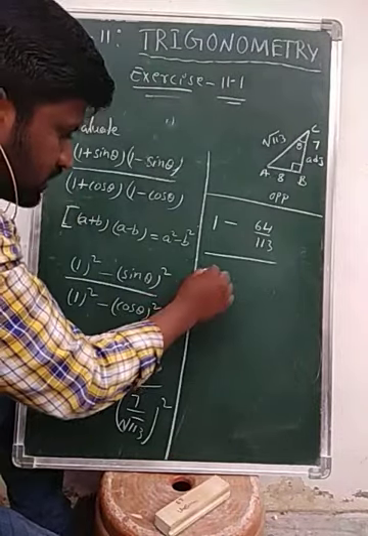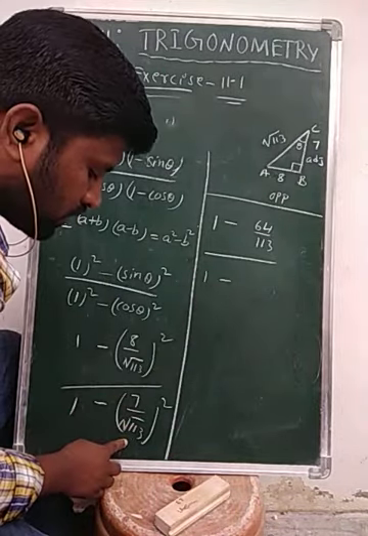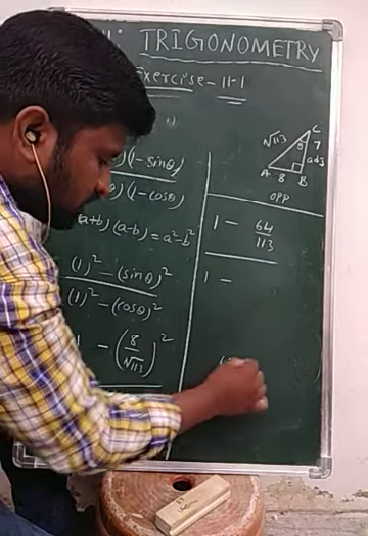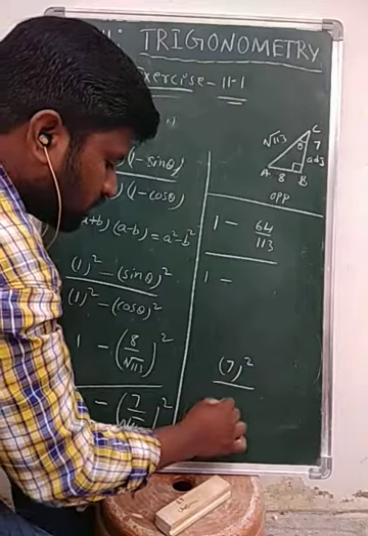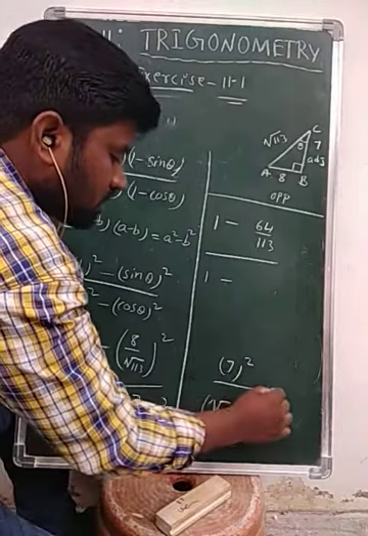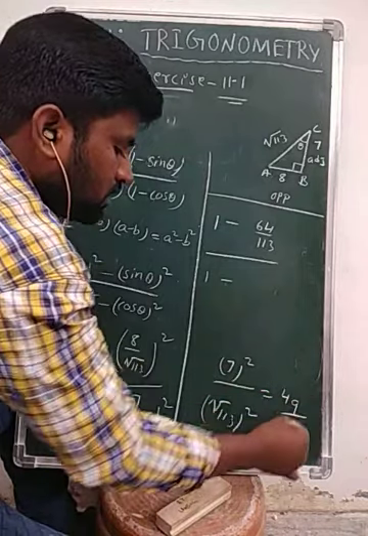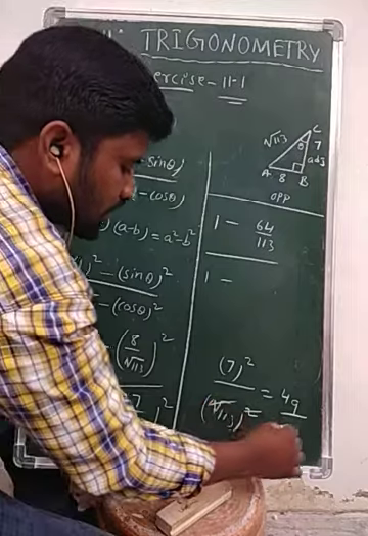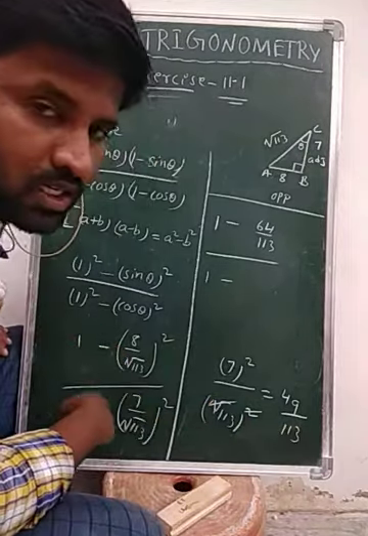Next, 1 minus 7 by root 113 whole square. Let's apply the square separately. Here 7 square by root 113 whole square. 7 whole square means that is 49, by root 113 whole square means square root cancel, that is 113.